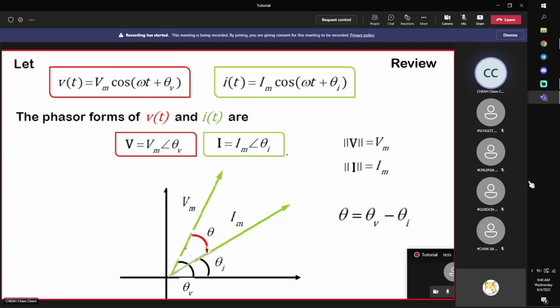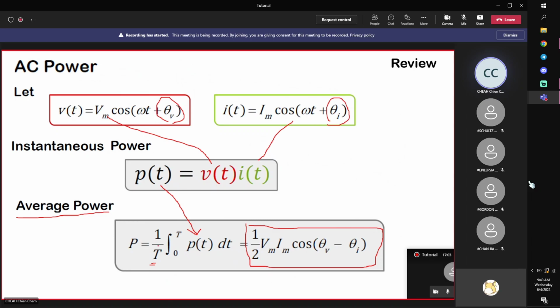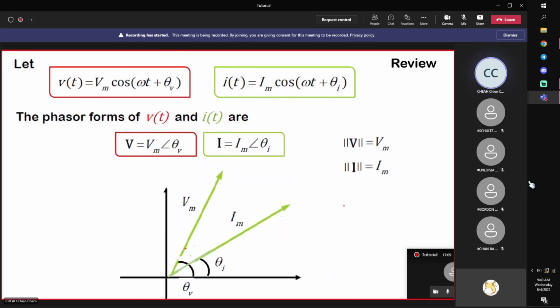And to get the other parameters from phasors, you need to take the modulus of your signals. Remember, P is equal to VmIm cosine theta divided by 2, and Vm and Im are the moduli of your phasors. That means that if you have the complex phasor form of the voltage, you need to take its modulus.